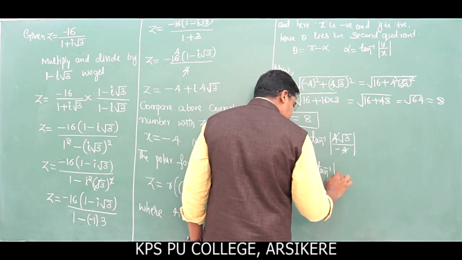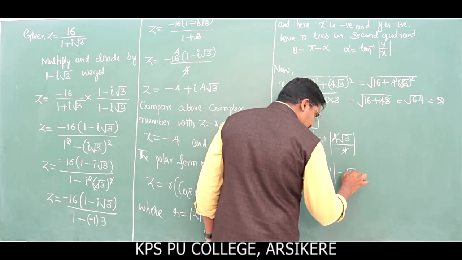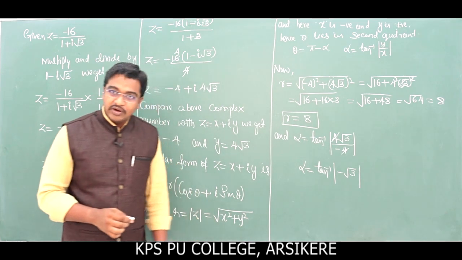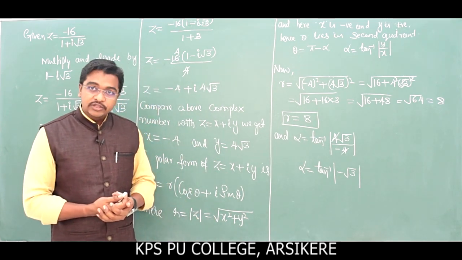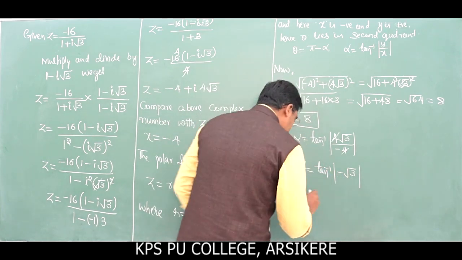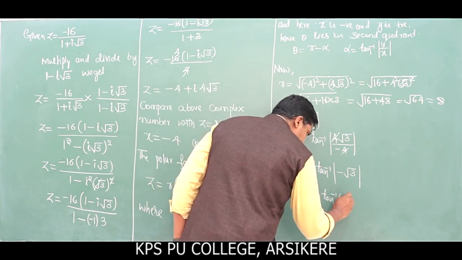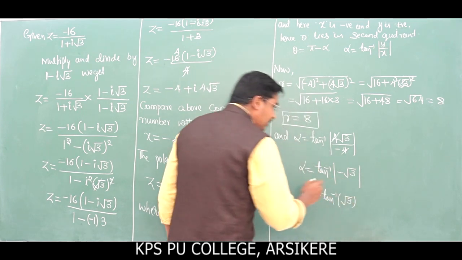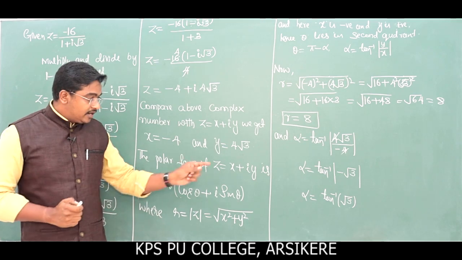Alpha is equal to tan inverse of, here what is left is minus root 3 divided by 1, so that can also be written as minus root 3. If I remove the modulus, alpha is equal to tan inverse of root 3. Now what is alpha?